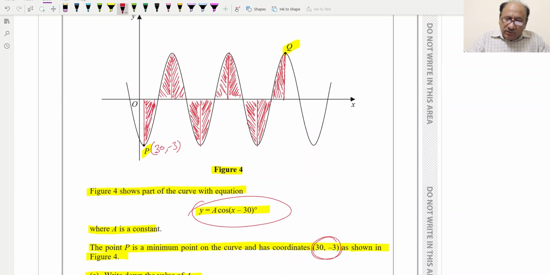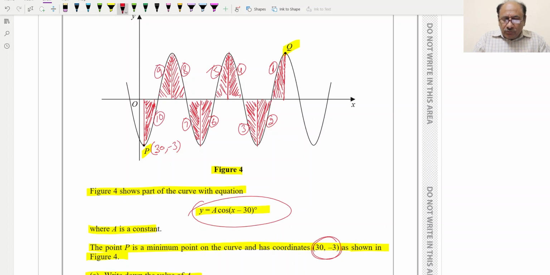Now if we count these shaded portions, this is basically 1, 2, 3, 4, 5, 6, 7, 8, 9, and this is 10.